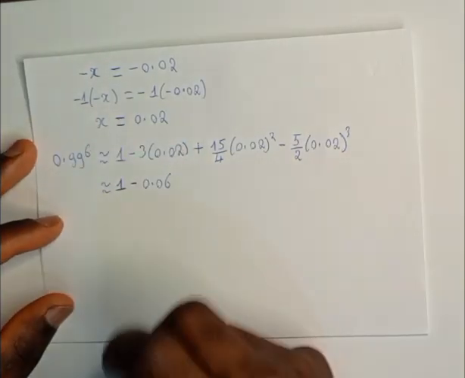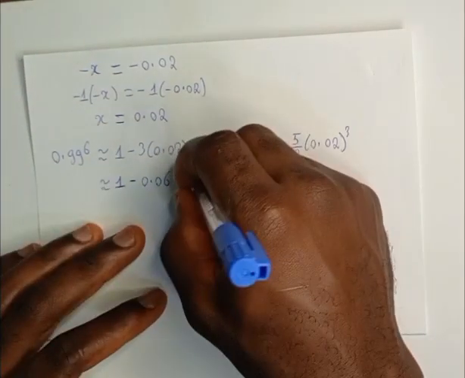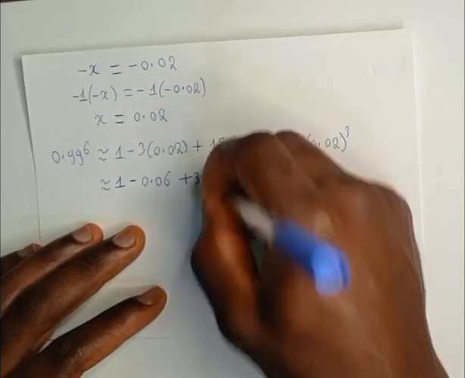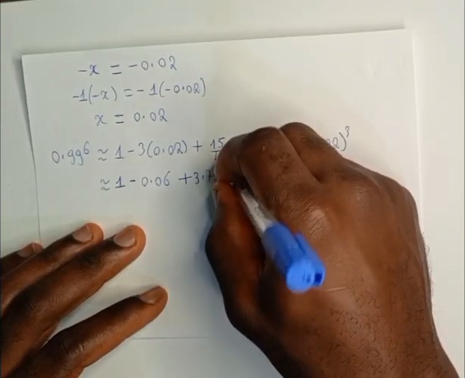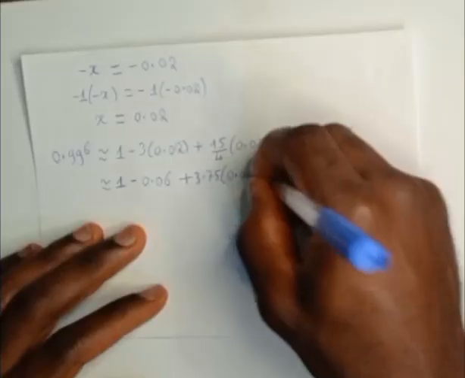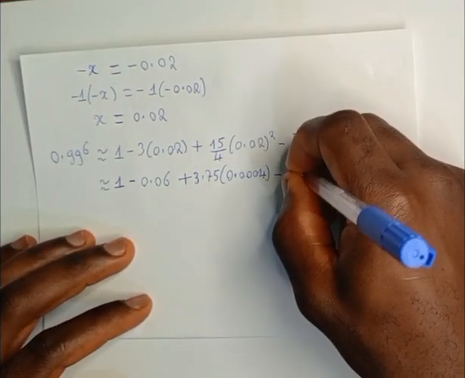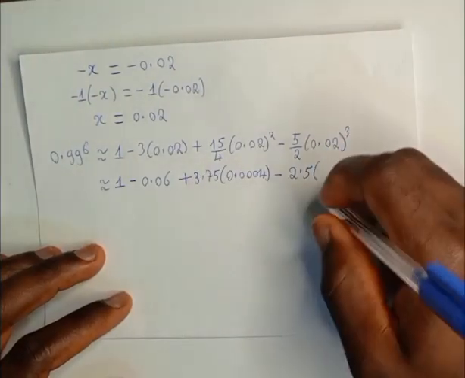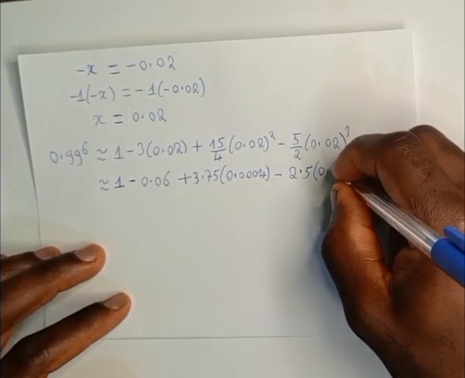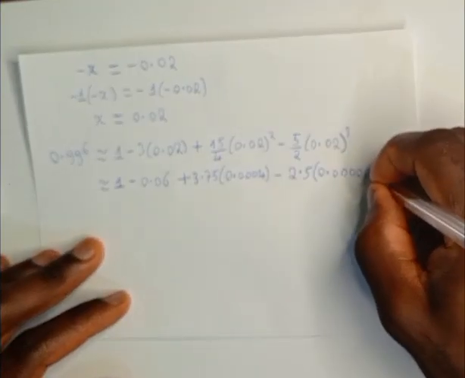So we approximately plus, if we take 15 over 4 gives us 3.75 times 0.02 squared gives us 0.0004, minus, we divide 5 by 2, it gives us 2.5 times 0.02 cubed, which is 0.000008 as such.